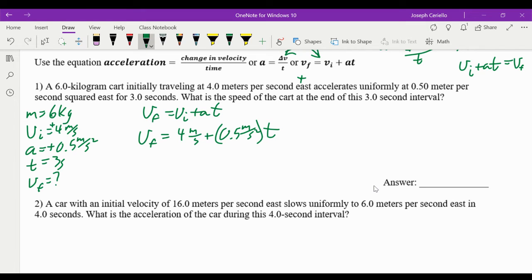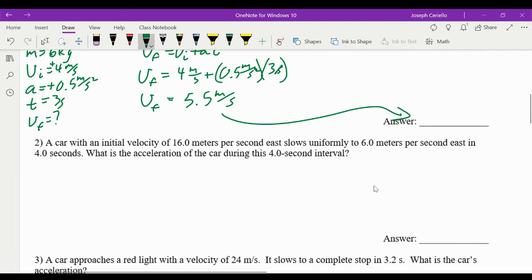And then, oh, nope, T is actually 3 seconds. So I know that piece of information. All right, so now I can solve through. These seconds here cancel with those seconds there, so I end up getting 5.5 meters per second. This is 1.5, this is 4, add the two together, 5.5 meters per second.